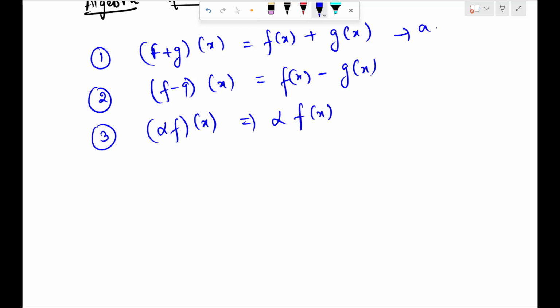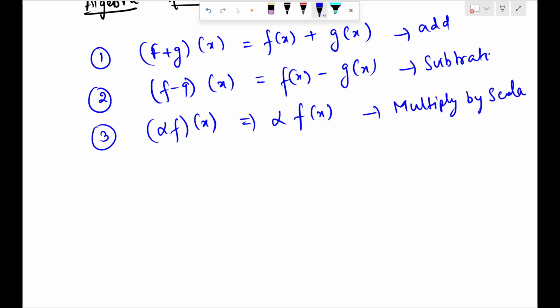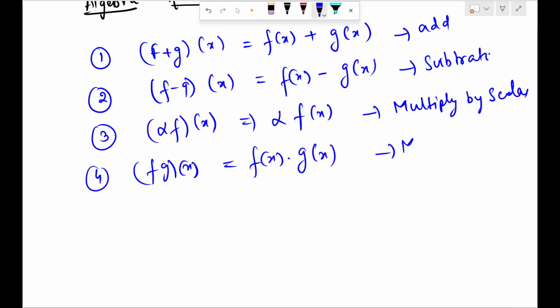So this is addition, this is subtraction, this is multiplication by a scalar. Fourth, we have multiplication of two functions, which is given by f of x dot g of x.